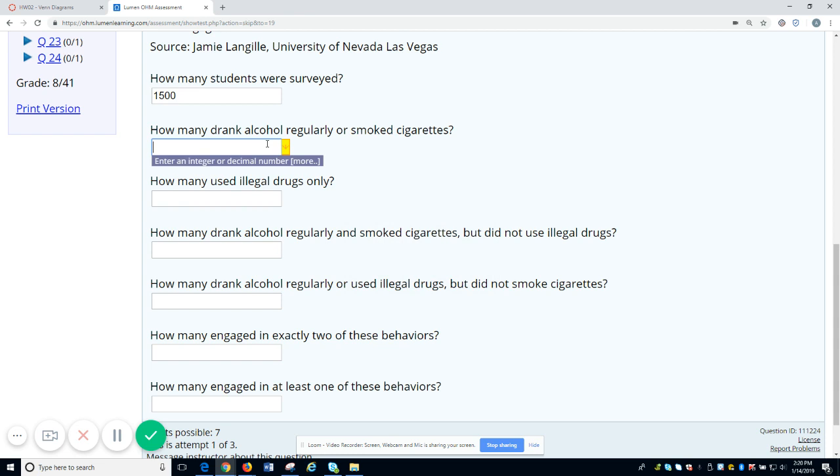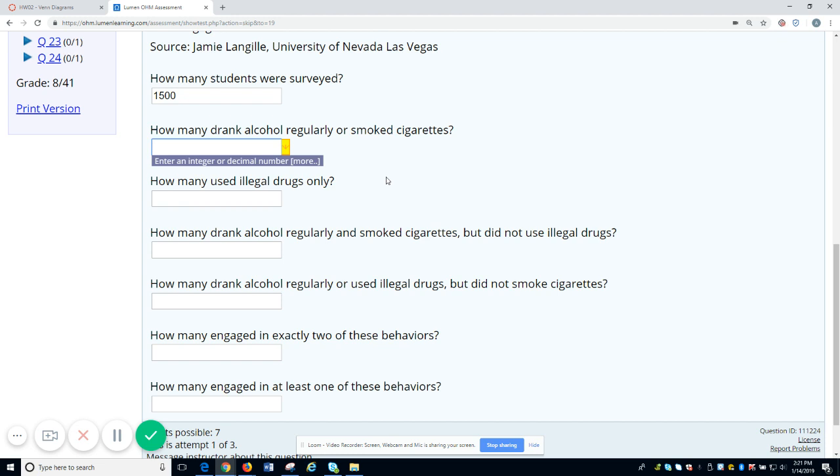Right? Now, how many people drank alcohol or smoked cigarettes? So to answer that second question, I'm going to have to look at my alcohol circle and cigarette circle and basically add all the numbers inside those two circles.